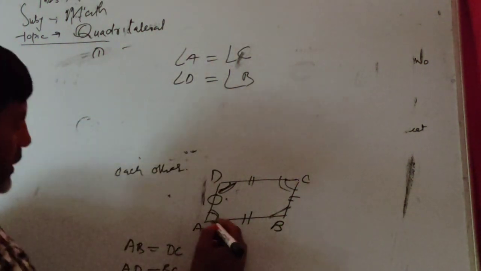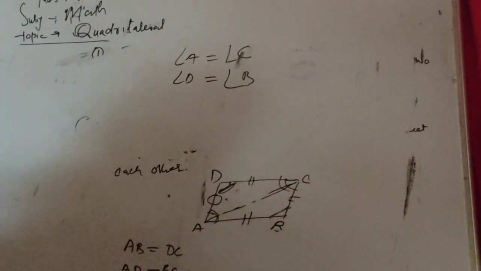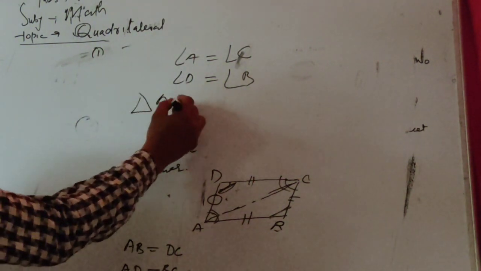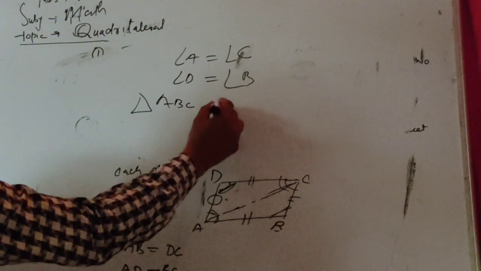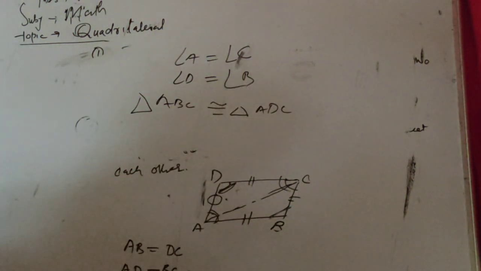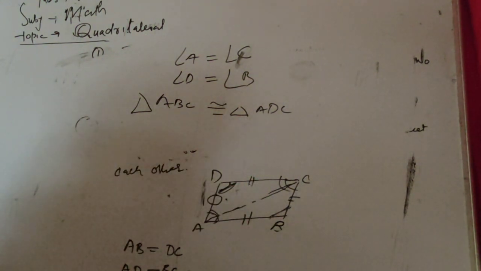Similarly, if AC is a diagonal, then triangle ABC is congruent to triangle ADC, because the diagonal divides the parallelogram into two triangles of equal area. You have to remember these facts.